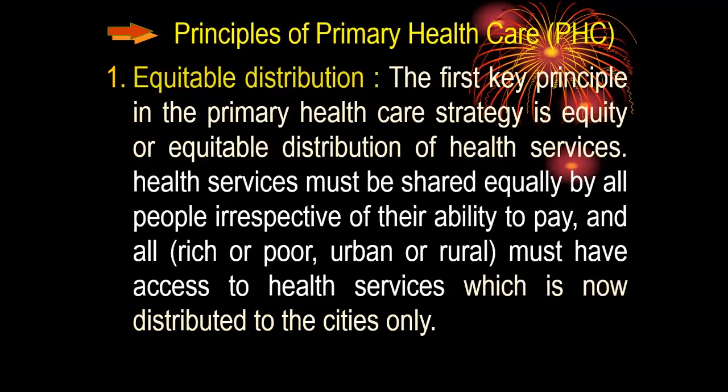The first key principle in the primary healthcare strategy is equitable distribution of health services. Health services must be shared equally by all people, irrespective of their ability to pay, and all, that is rich or poor, urban or rural, must have access to health services, which are now distributed to the cities only.